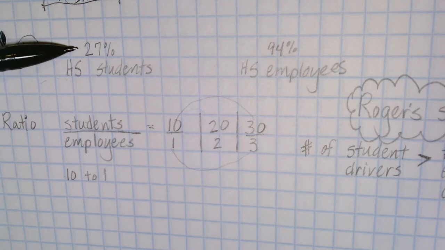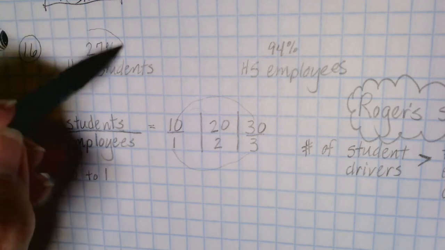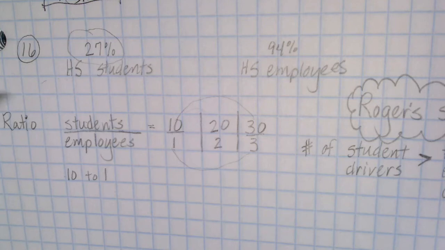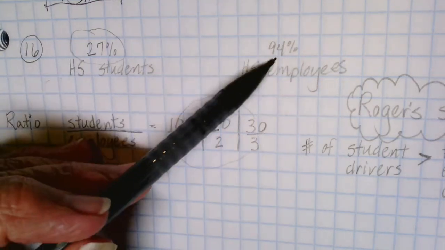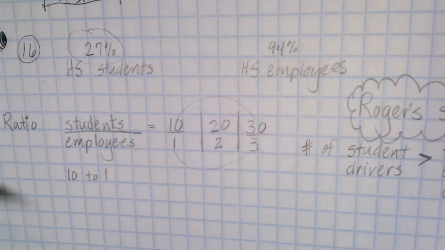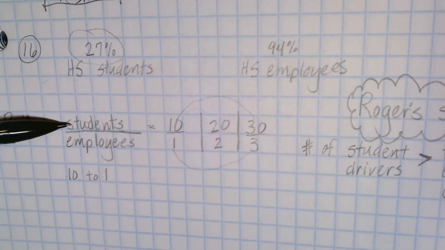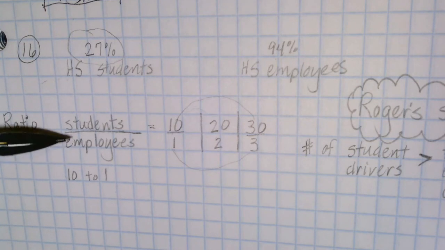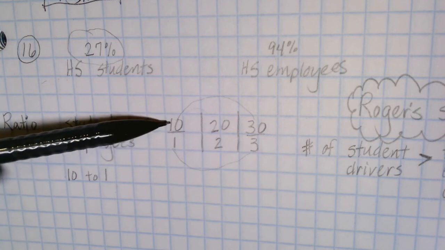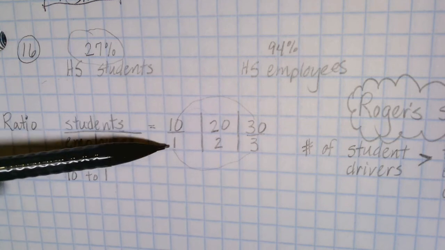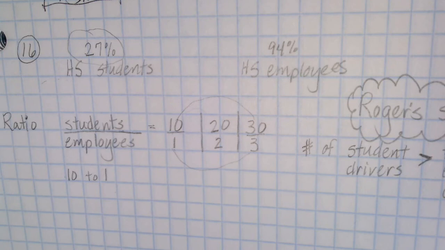In other words, it might be confusing, it might not make sense initially for Roger to say that, because look at the percentage of high school students that are driving. It's much less than the percentage of employees that are driving. However, when you look at the ratio of the number of students to employees, you can see that the number of students is far greater than the number of employees.